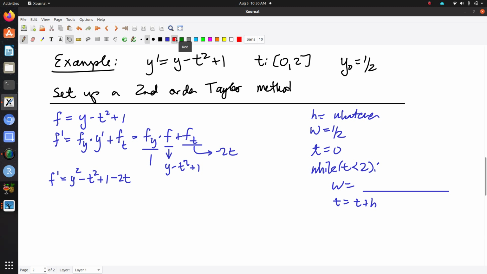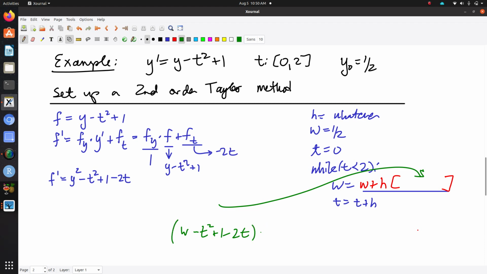So you're going to do w equals w plus h times, and then this is that t2 expression that we had in the previous bit. So what is that? It's going to be w minus t squared plus 1 minus 2t, so this is the f prime part, plus h over 2, I'm sorry, I need to put the f part, not the f prime part.